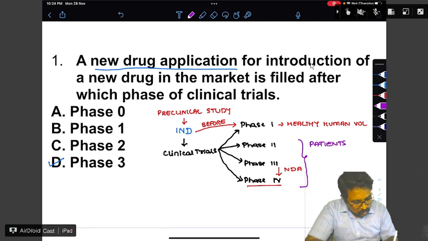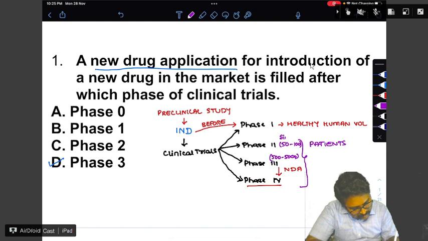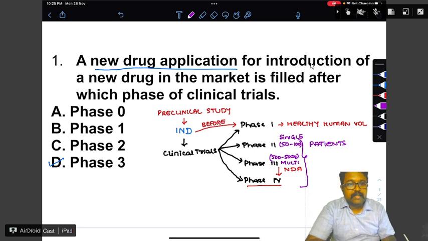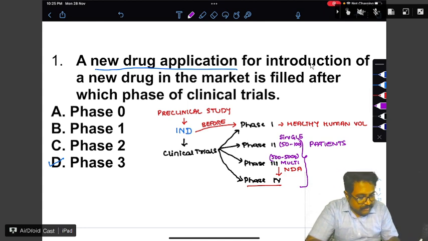Phase 2 will involve a small number of patients, around 50, probably around 100 or up to 500. Phase 3 will include from 500 to 5000. Phase 2 is done at a single center, whereas phase 3 is done at multiple centers.